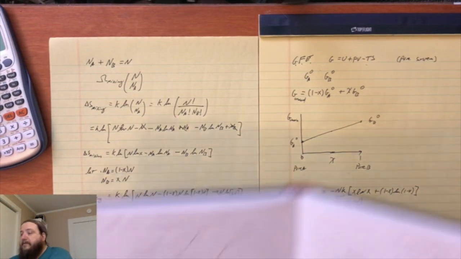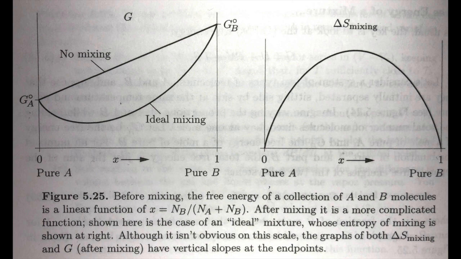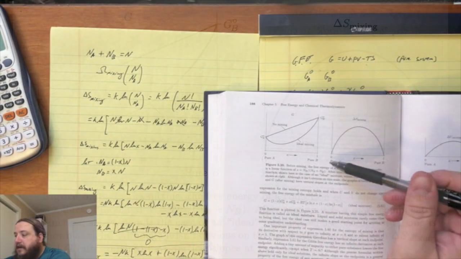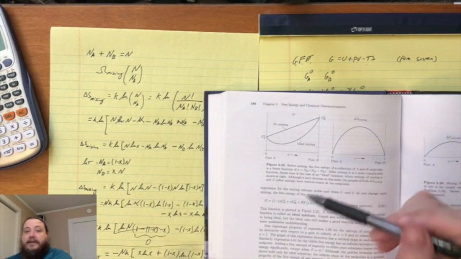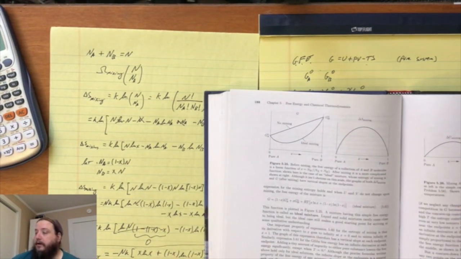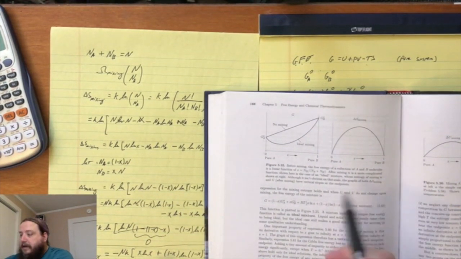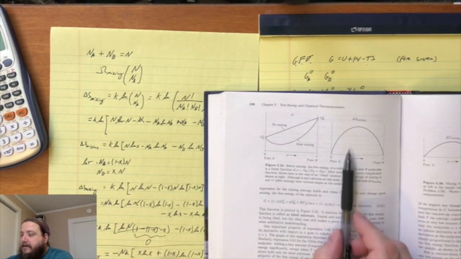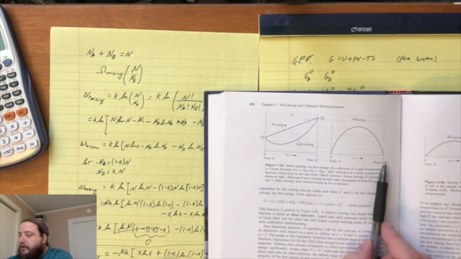So if we plot our change in the entropy on this plot going from pure A to pure B, it's going to have a concave down look to it. At pure A, it's over here. At pure B, it's over there.